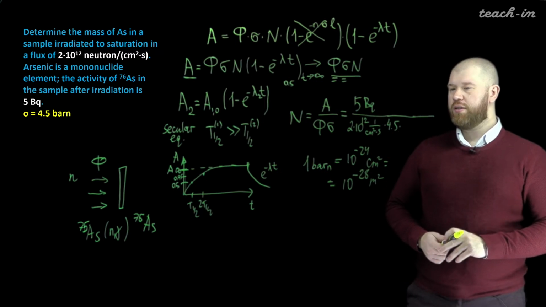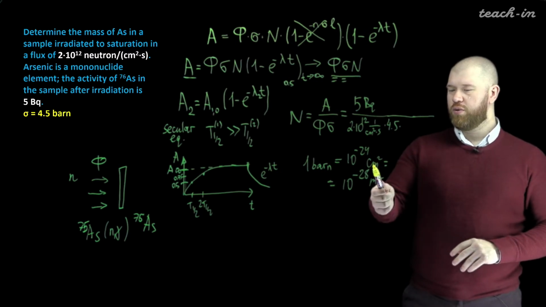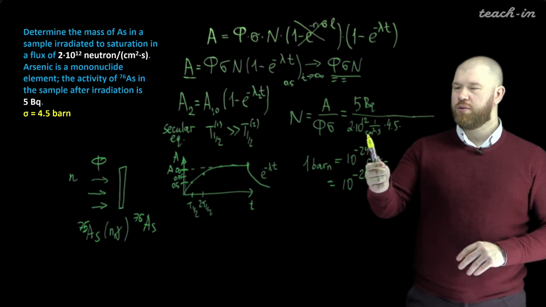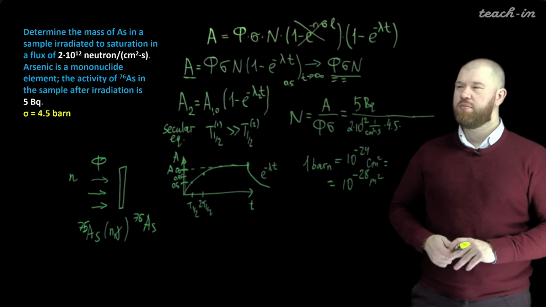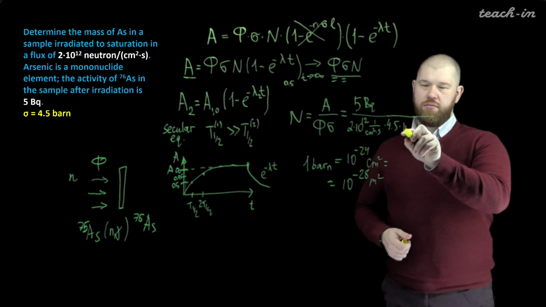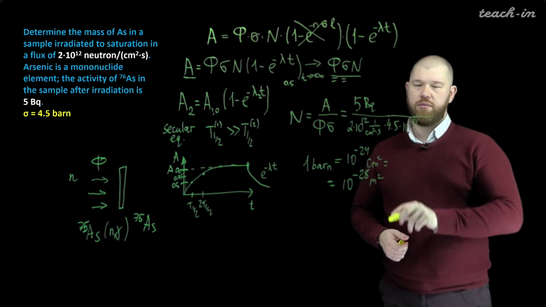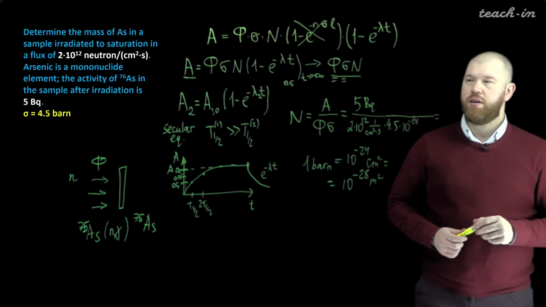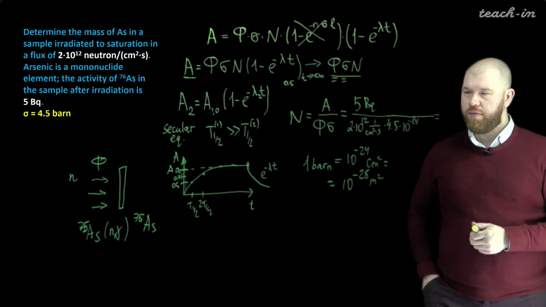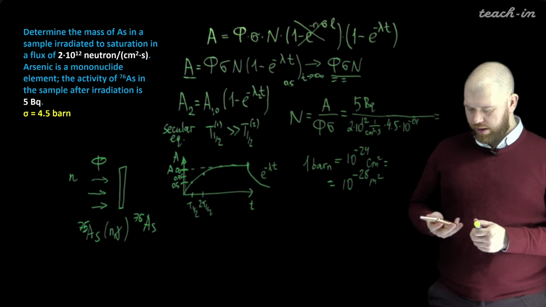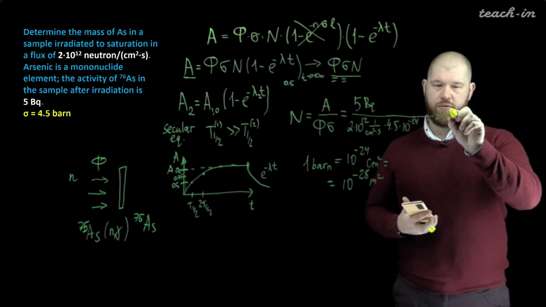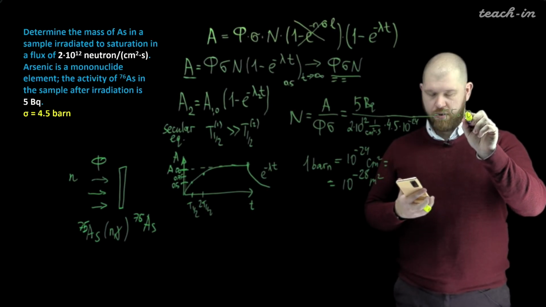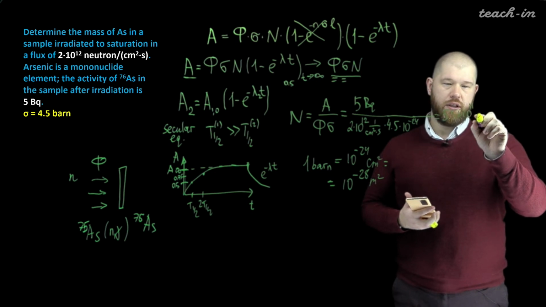In this case, it is more convenient to use squared centimeters because we have squared centimeters here, and thus the degree will be this. And we will finally get 5.56 10 to 11 atoms.